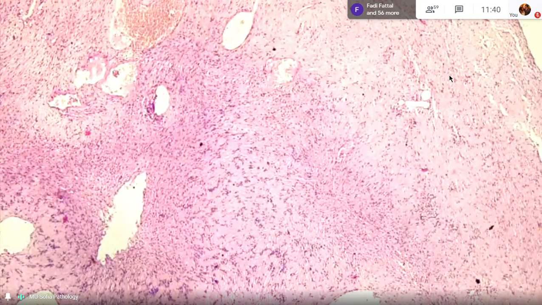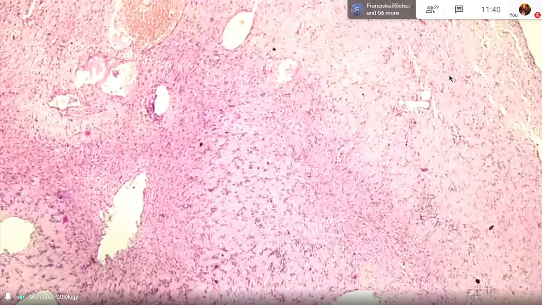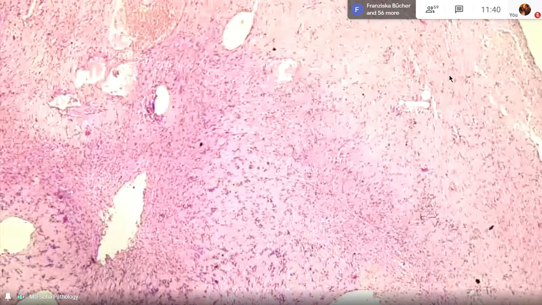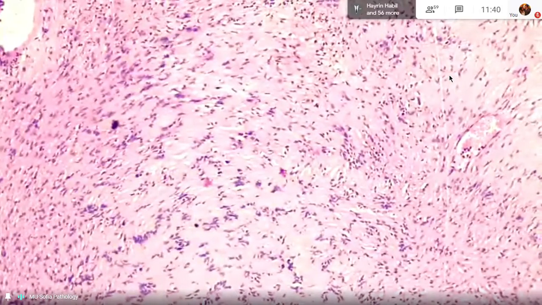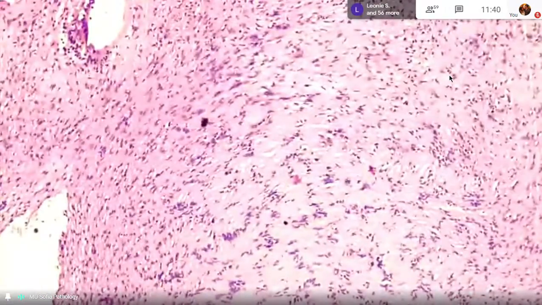Do you see these eosinophilic lines and another row of nuclei with palisading in the center? You should remember these structures here on high magnification. Do you see how well they are organized?